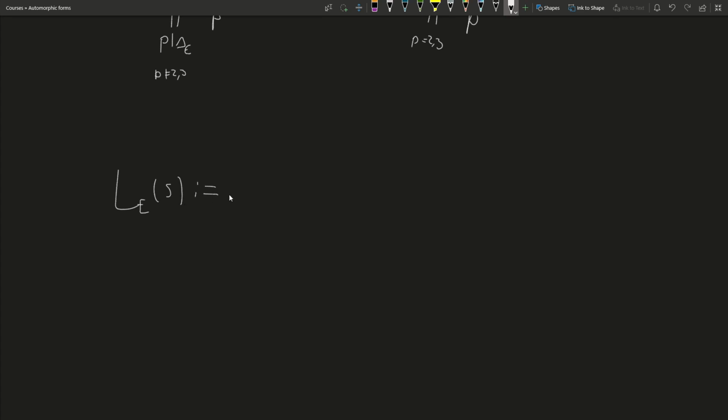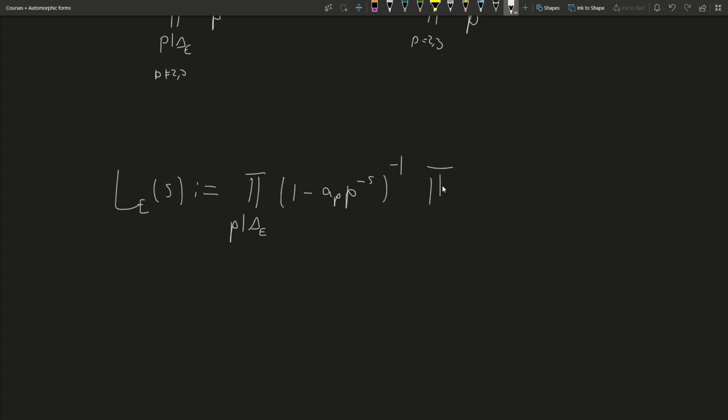Okay, and there are L-functions associated to elliptic curves, and these are defined as follows. They're defined via Euler product. For p dividing the discriminant, you have a factor (1 minus a_p p to the minus s) to the minus 1 when you have bad reduction.